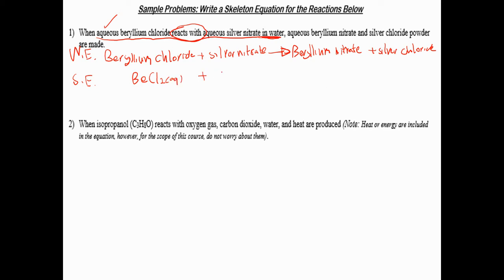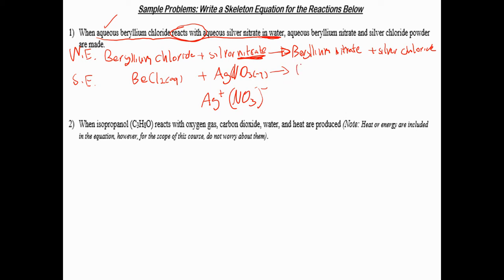Silver nitrate, you do your crisscross method because it's ionic, Ag, and then NO3 (aq). Just a reminder, nitrate is your polyatomic ion, right? So you would do a crisscross, just showing you the work here. You don't really have to put this in the equation, but NO3 minus, crisscross or charge balance, and you get AgNO3, aqueous.